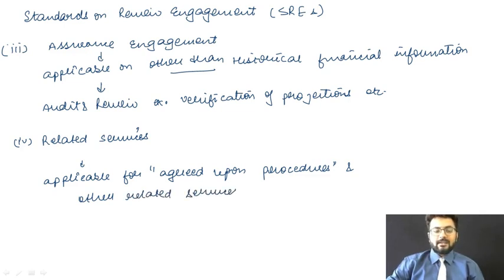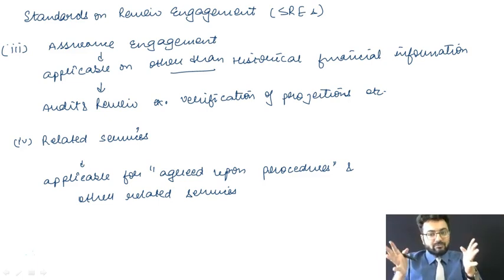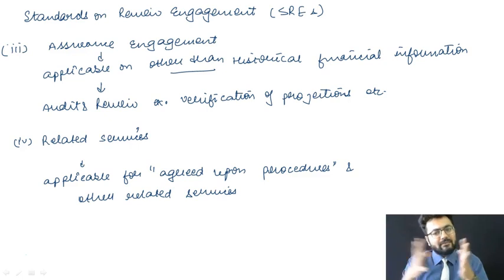What does this other related services mean? This other related services means compilation of balance sheet. You guys tend to make a kind of consolidated financial statements. That is a kind of related services. That is not audit. You just have to club both of them. You just have to do an addition.